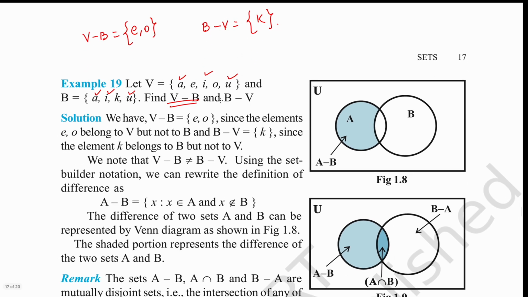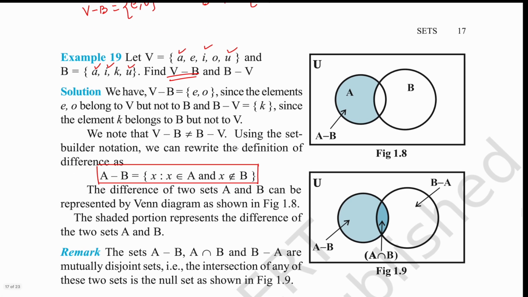So mathematically, if you want to represent A minus B, A minus B is basically the collection of all x's, right? Where x belongs to A and x does not belong to B. That means you include all the elements which are there in A and remove all the elements which are there in B, right?